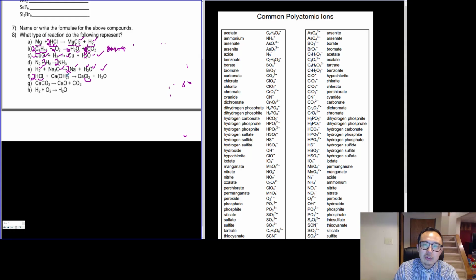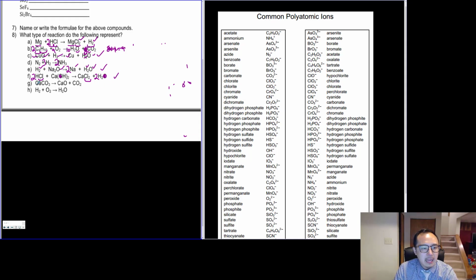That means I have 2 hydrogens and 2 oxygens here, giving me a total of 4 hydrogens on the left side. I have just 2 here, so let's put a 2 in front of this. And because I put a 2 in front of this, I have 2 oxygens as well, which is great because it actually balances out my 2 oxygens on my reactant side. So this is now balanced.